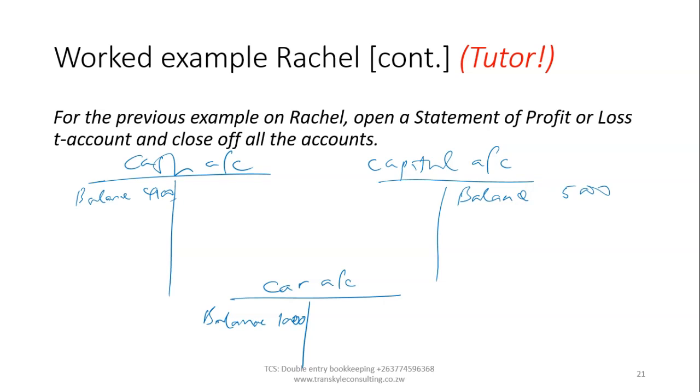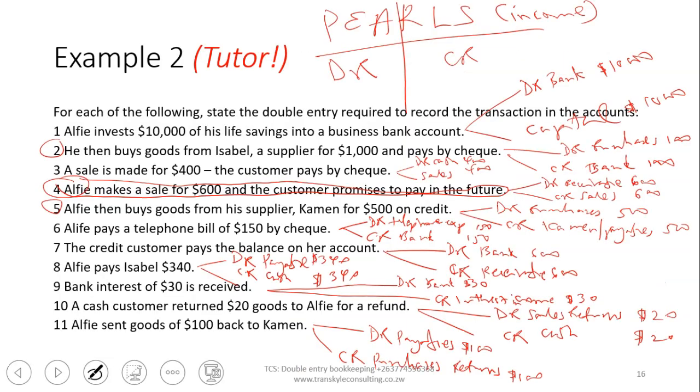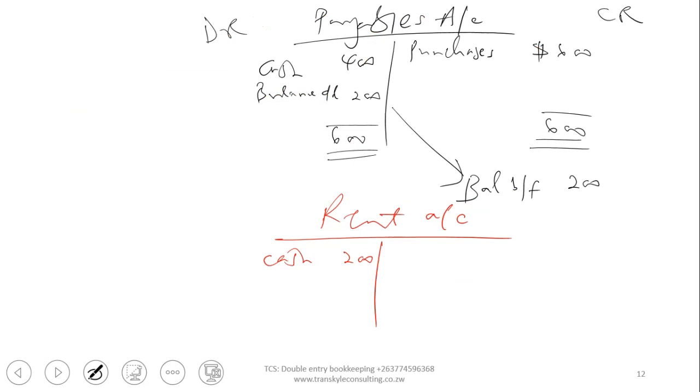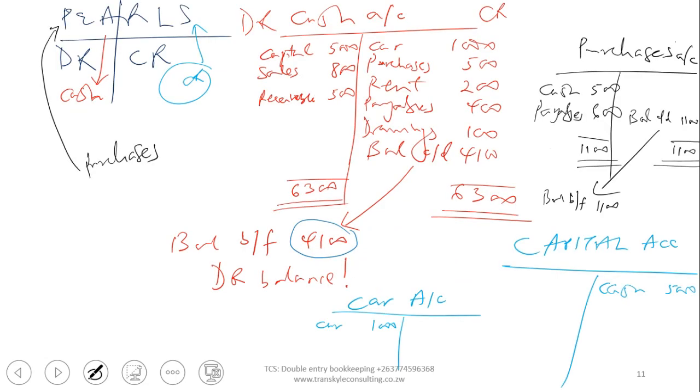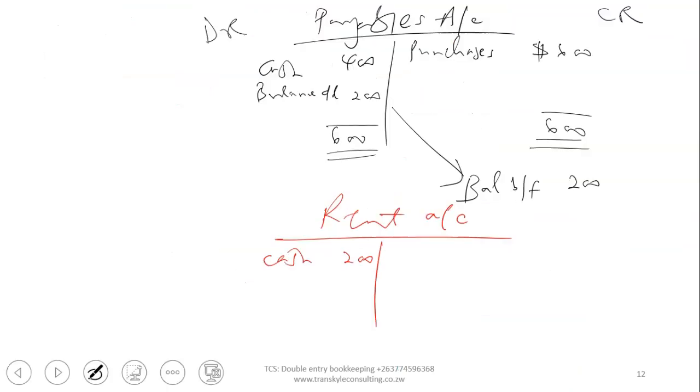All right, but when it comes to the purchases now, the purchases T account, the purchases account here, you can see that we are having a balance brought forward of 1,100, but we have to ensure that this balance has been extracted to the statement of profit or loss.